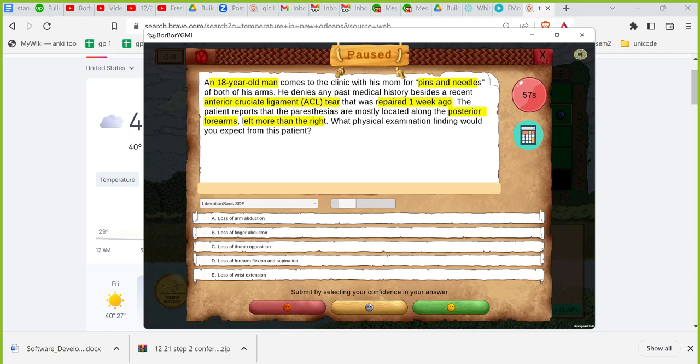I try to warn people that they're going to give you things in UWorld, which everybody should use UWorld. If you don't get through UWorld, you really aren't ready to take the test. So UWorld is very important. But one of the things that UWorld does, and one thing that the test does, is it hurts international medical graduates when they use words that they aren't used to. So you see pins and needles and you think, oh, that's a paresthesia in your own home language, but they're going to use paresthesia on the test.